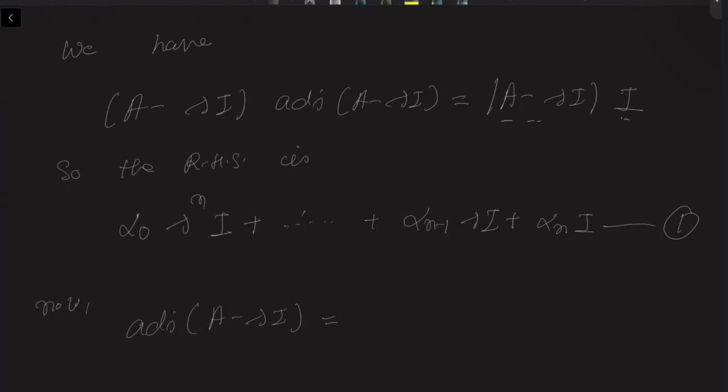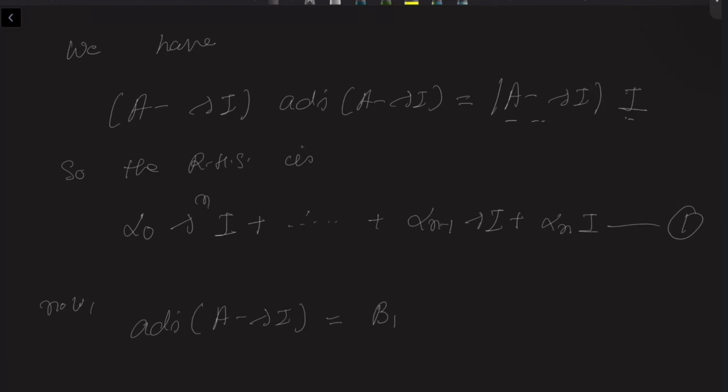So it turns out, whenever we follow that process, it is going to be some matrix B1 times lambda to the n minus 1 plus B2 times lambda to the n minus 2, up to Bn minus 1 times lambda plus Bn.